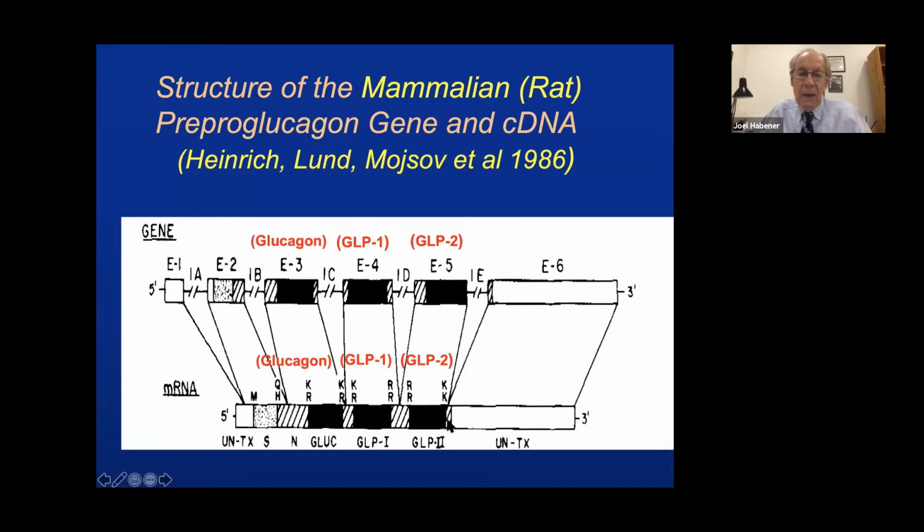At the same time, we were able to clone the genomic DNA and to show that the various hormones, glucagon, GLP-1, and GLP-2, are co-encoded in separate exons. There are 6 exons, of which 3 of the exons, exon 3, 4, and 5, encode glucagon, GLP-1, and GLP-2, respectively.